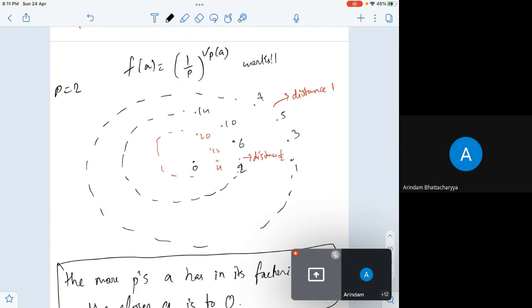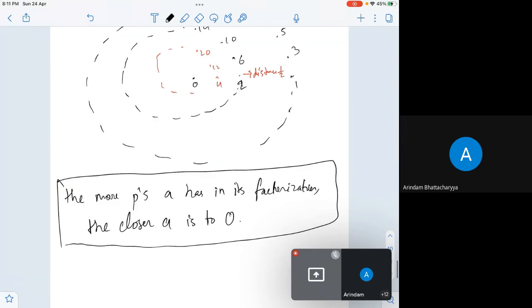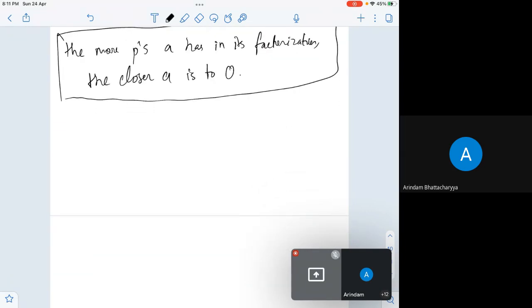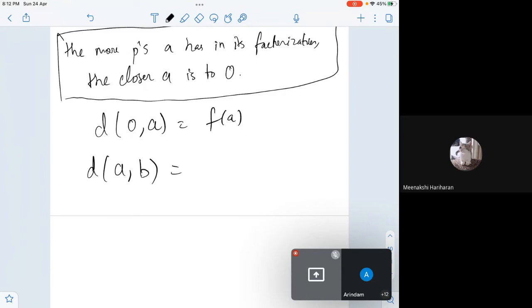So this is a very weird picture to care about, but bear with me for a second. The distance from 0 to a is defined by f(a). What should be a good definition of a distance between two points a and b? f(b minus a).